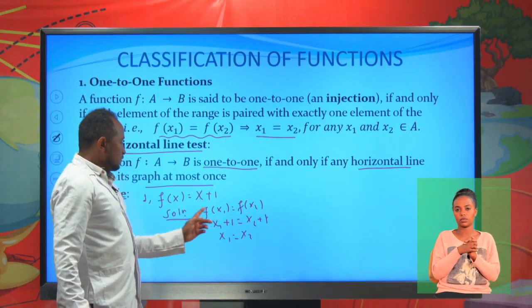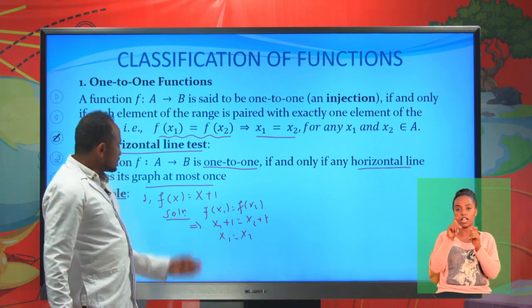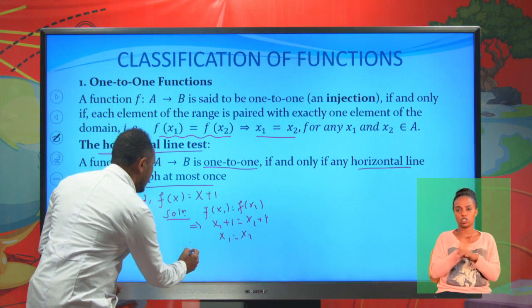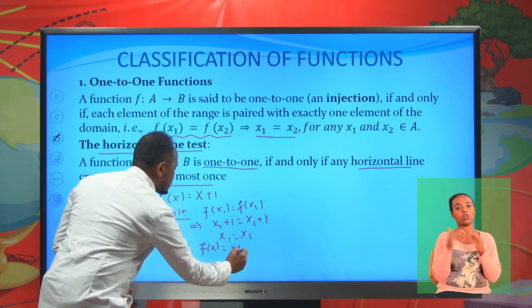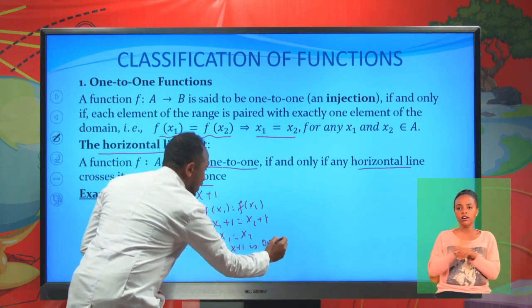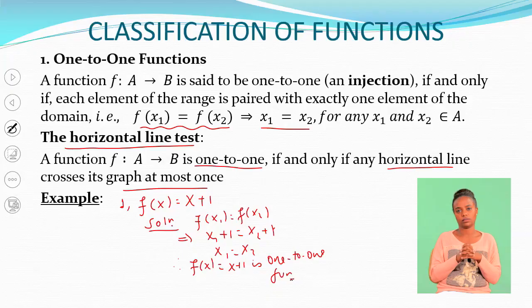So since f(x1) equal to f(x2) implies x1 is equal to x2, this function is one-to-one. Therefore f(x) equals x plus 1 is a one-to-one function.